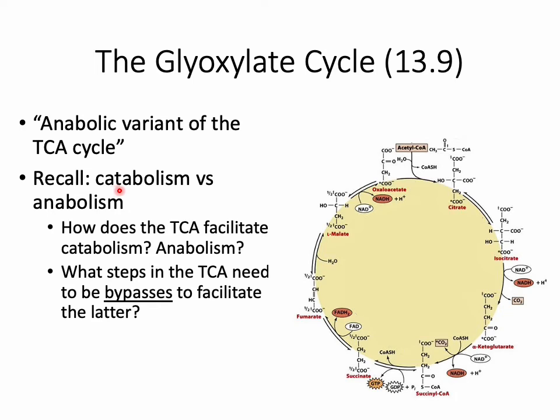In order to unpack what this means, we need to discuss catabolism and anabolism again in the context of the citric acid cycle. As we mentioned earlier, the citric acid cycle is primarily thought of as a catabolic process. It takes acetyl-CoA, breaks it down into carbon dioxide, and releases a lot of energy.